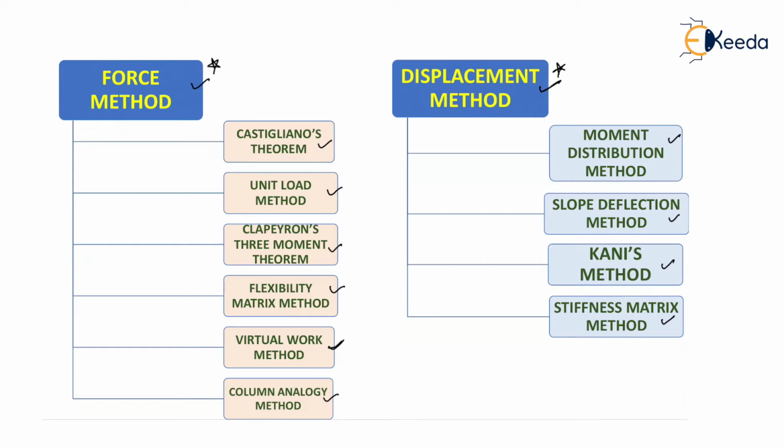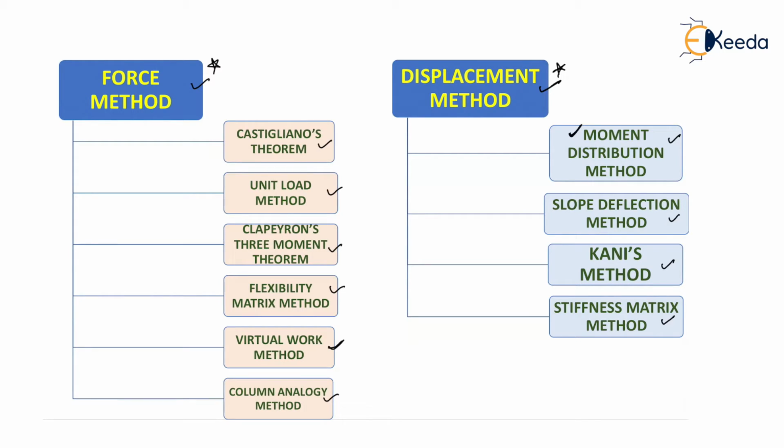Okay students, so based on the basic unknowns used for the derivation of the different methods, the name is given to the methods as displacement method or force method. In moment distribution method, for the derivation, the basic unknowns are displacements, so it comes under displacement method. Similarly, slope deflection method also comes under displacement method because the basic unknowns used for its derivation are displacements.